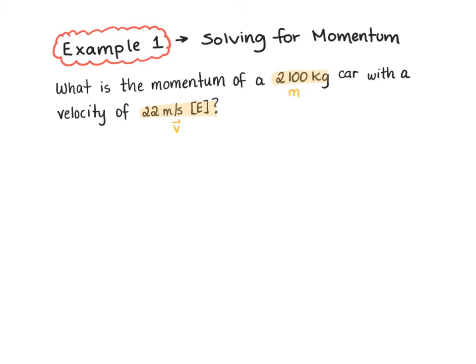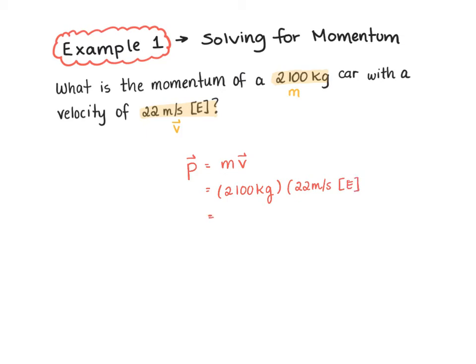Our formula, momentum equals mass times velocity. Our units are all correct, so we can plug in our numbers, 2,100 kilograms times 22 meters per second east.